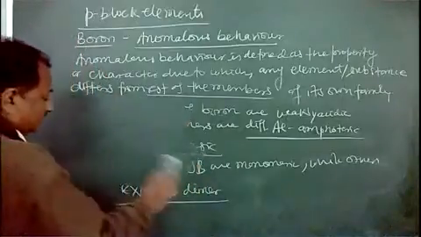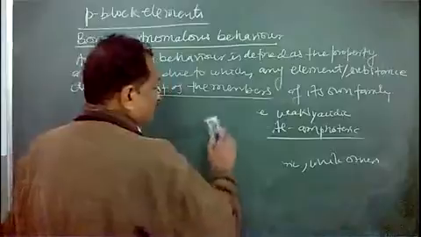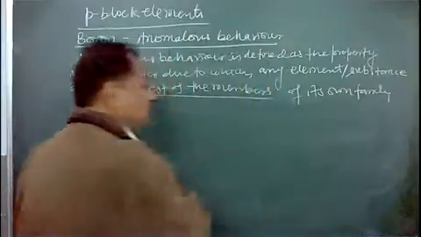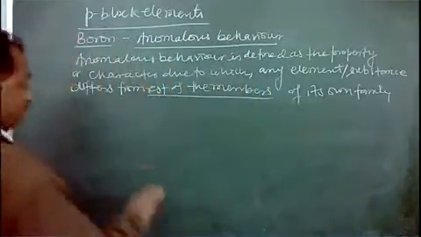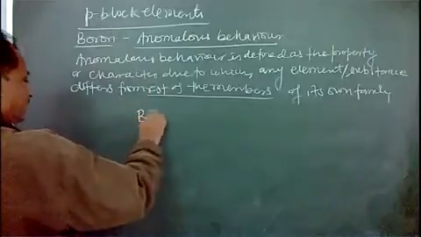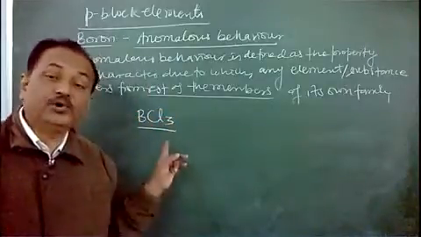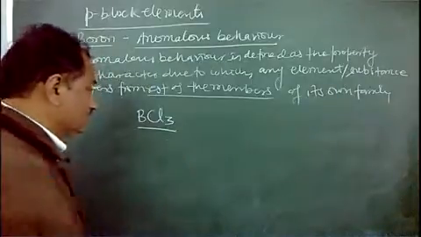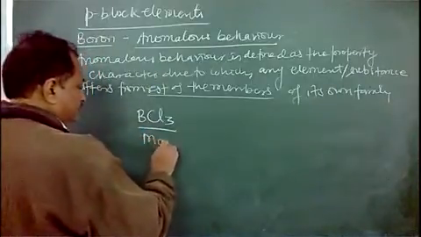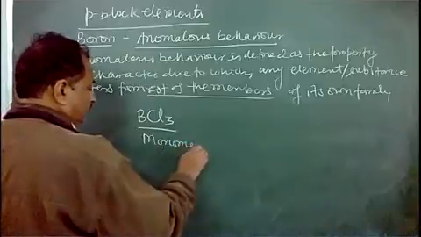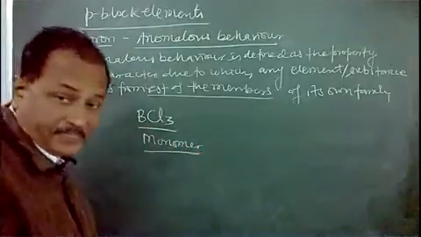How? See children, in case of boron and aluminium, as you had seen yesterday, boron BCl3 is a monomer, or it is monomeric in nature.